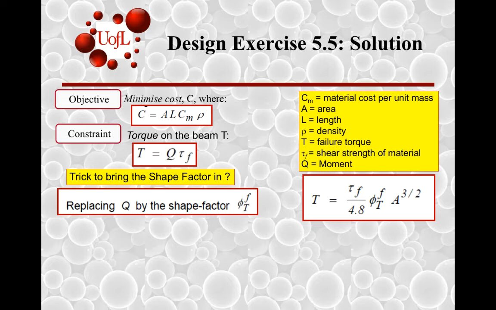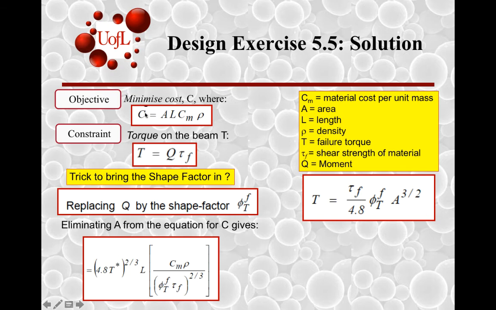So that is where, if you look at the equation, you can replace Q by 4.8 divided by phi f times A to the power 1.5, because phi f was defined as 4.8 times Q divided by A to the power 3 by 2. So by using the shape factor here, we can replace Q in this equation, and now A can be replaced, because it's the free variable, by rearranging these terms.